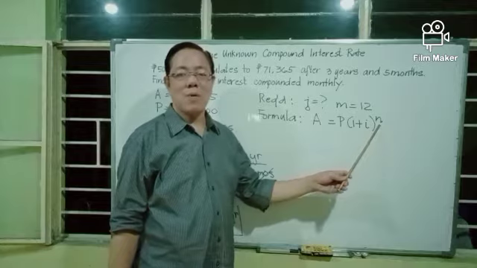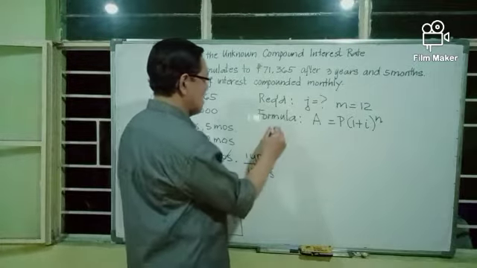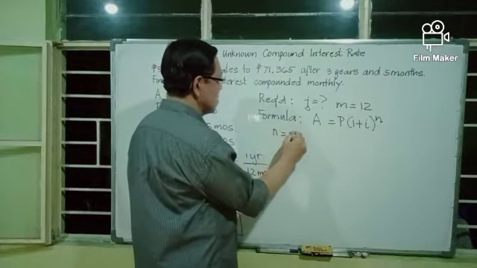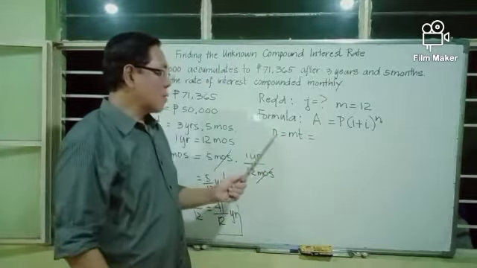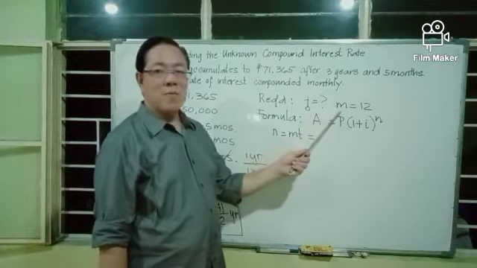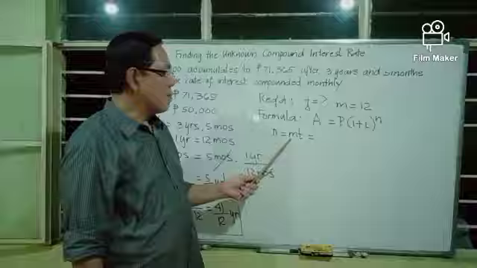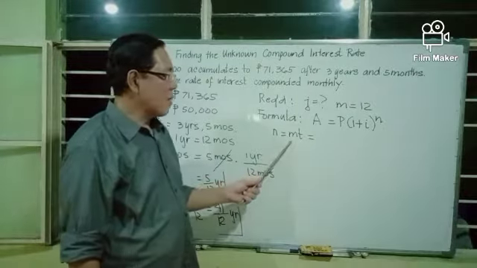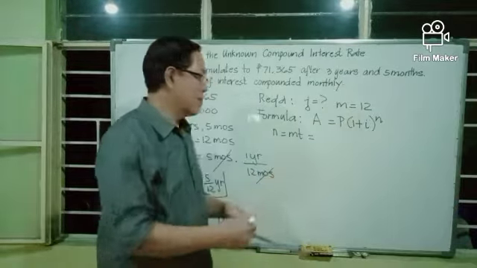The total number of conversion periods in t years, if the number of conversion periods per year is 12, is m multiplied by t.